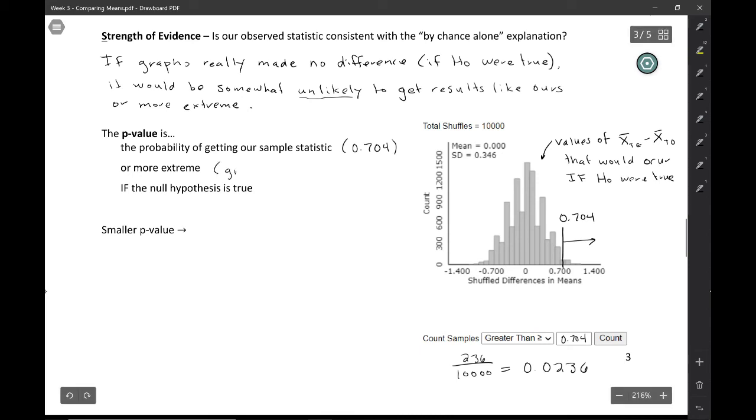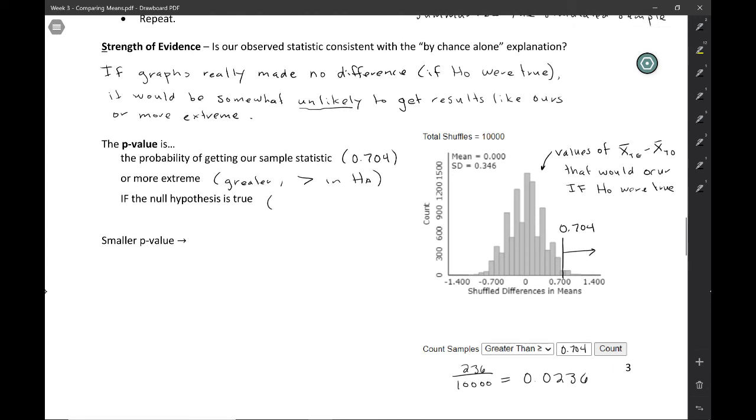So here we're talking about greater than because we have a greater than sign in the alternative. If the null hypothesis were actually true, which in this case means that the long run mean for the text and graph group and the long run mean for the text only group are equal, or that the difference between them is 0.